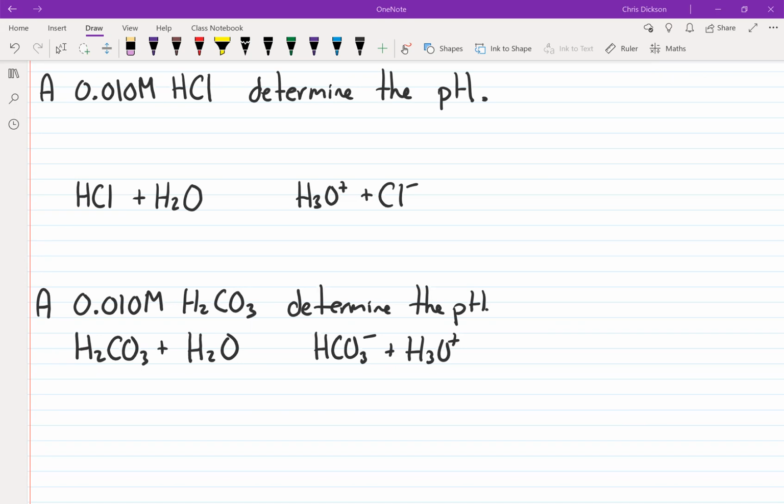One was determining the pH of a 0.01 molar HCl solution. So what we're going to look at is how do we determine something like that?